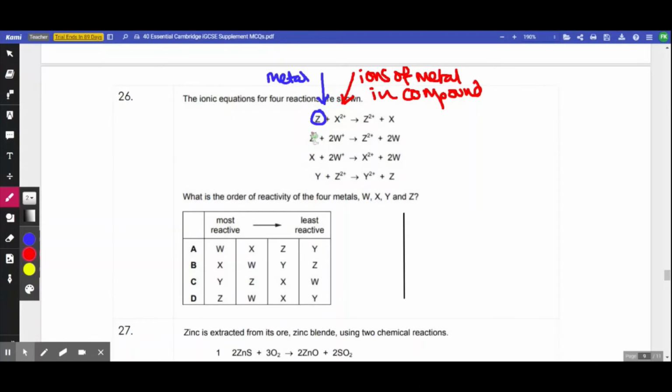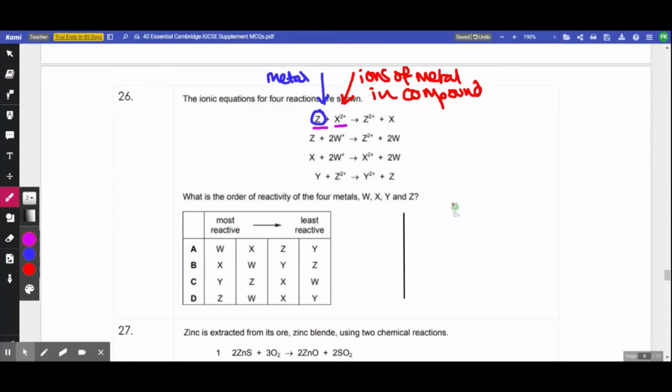The way that you must try and interpret this is that if a metal reacts successfully with an ion of the metal in the compound, then that is actually a displacement reaction. That would mean that the metal is above the ion that's inside the metal compound.